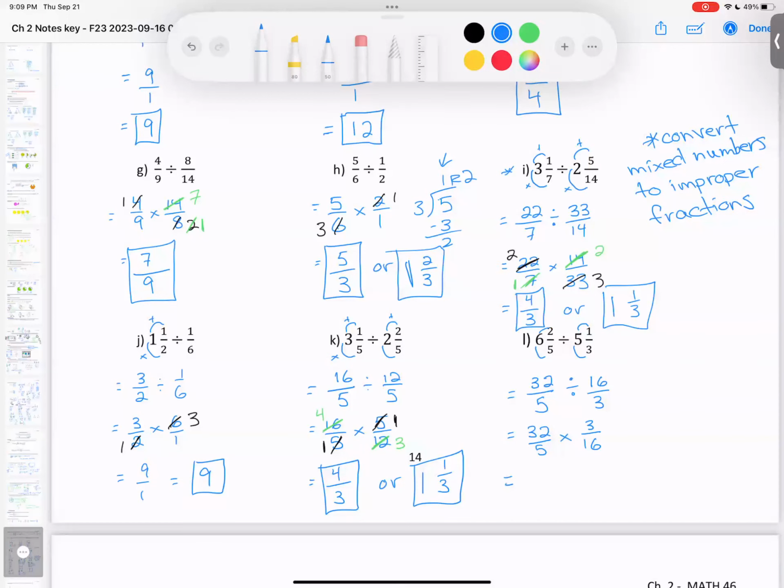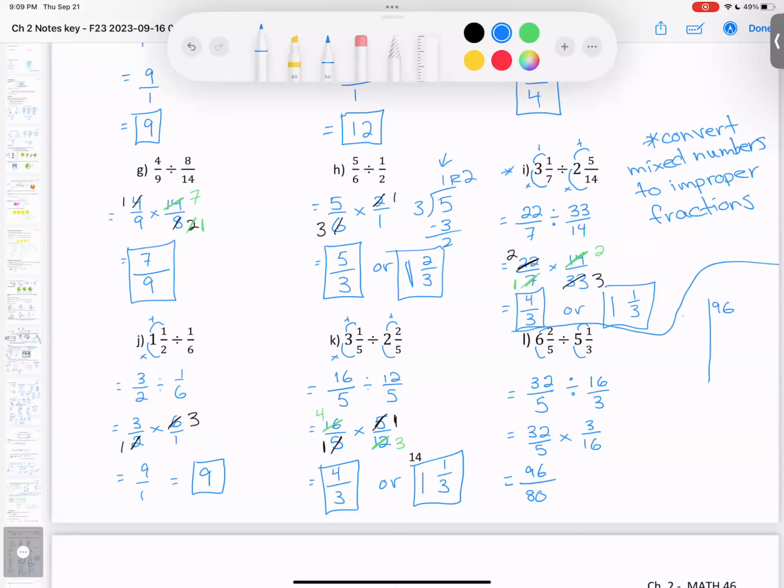So we've got 32 times 3, so I'm going to do that on my calculator. That gives me 96 over 5 times 16 gives me 80. So let's see what the common factor of those two numbers is. So I'm going to do the division method. So I've got 96.